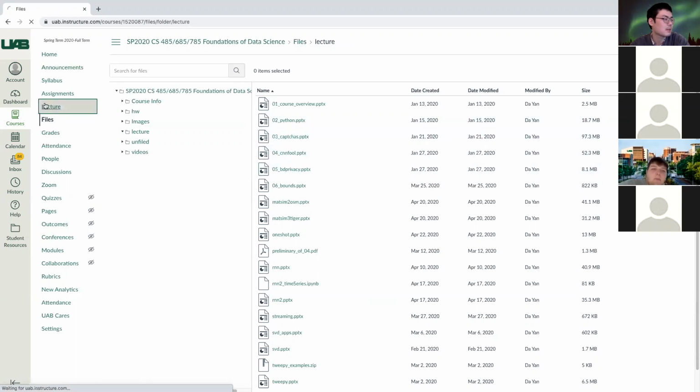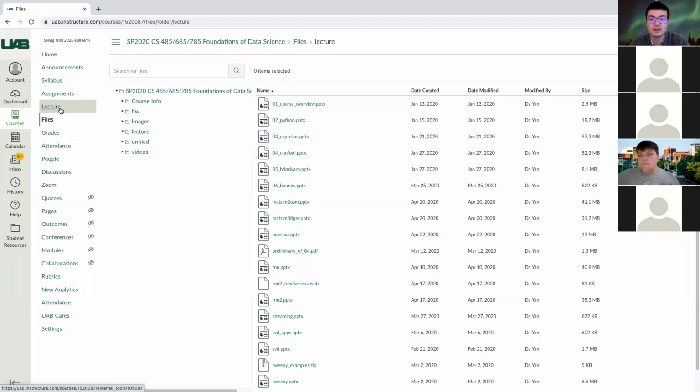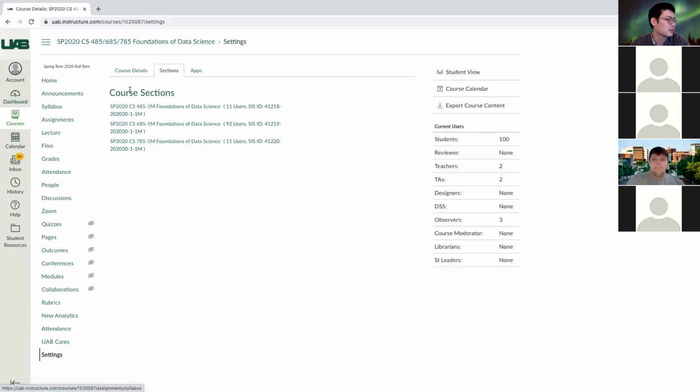I think this tab I should actually remove, because it redirects somehow. You don't really need it. Yeah, I think I can remove this lecture one. It's not really needed, just causes confusion sometimes.